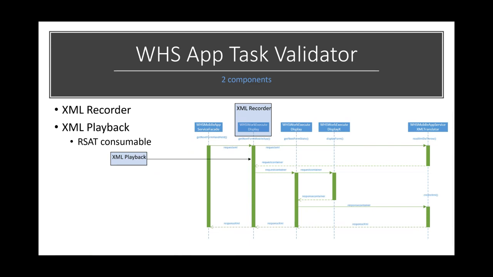The other major component is the UI that allows users to define the recordings and manage the details like variable replacements. As I mentioned earlier, this UI is consumable by the classic task recorder and thus can be driven by RSAT for true end-to-end testing operations.